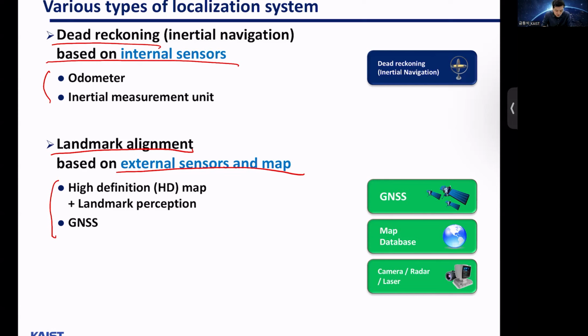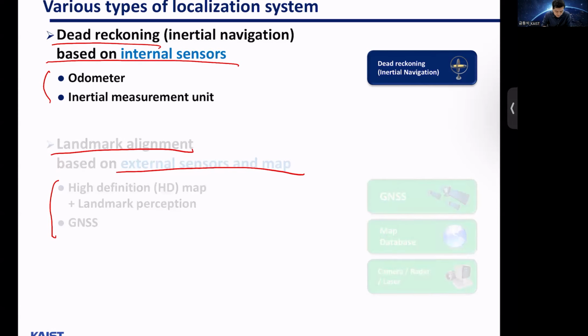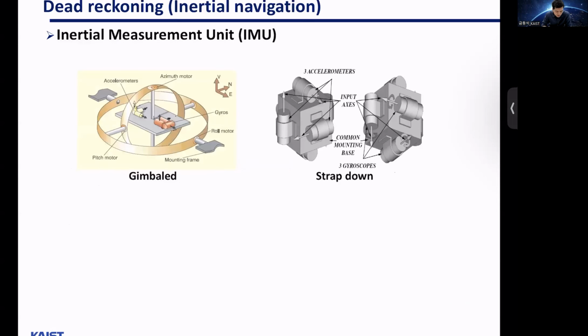So let's take a look at this information more closely. Let's take a look at the dead reckoning approach first. Dead reckoning uses inertial information, such as from inertial measurement units.